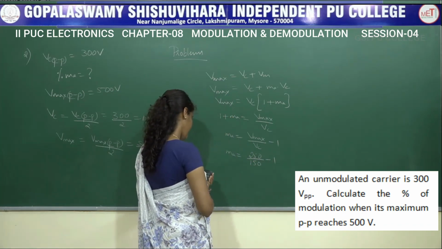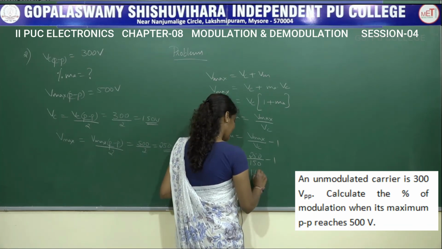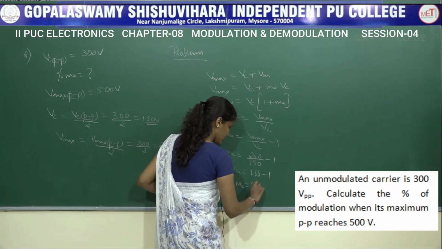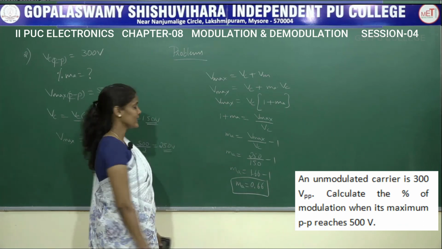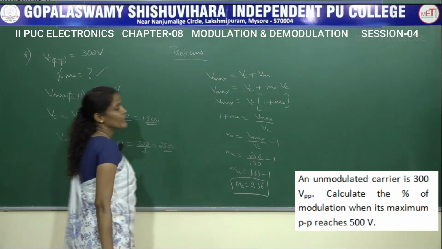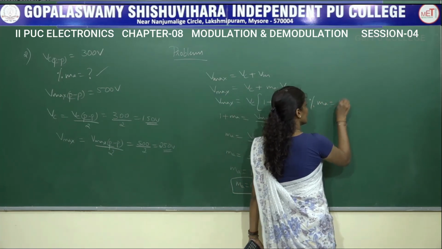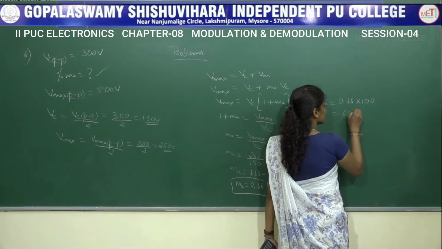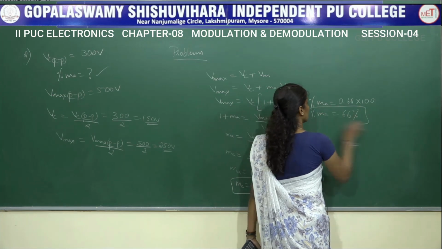So 250 divided by 150 gives me 1.66 minus 1. So Ma value is equal to 0.66. Ma value is 0.66, but they have asked for percentage modulation. So percentage Ma is equal to 0.66 into 100, which gives 66%. So percentage Ma is equal to 66%.